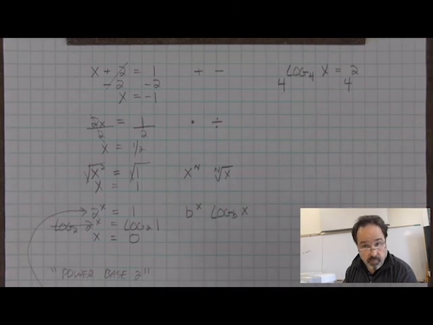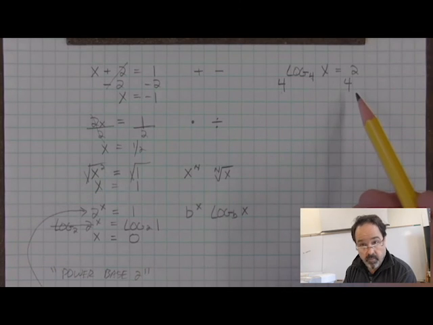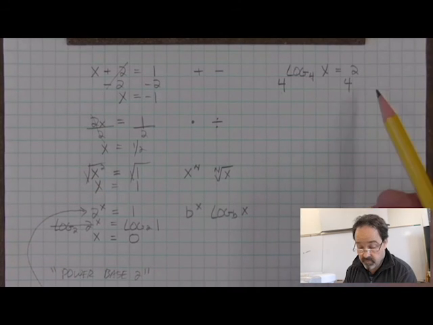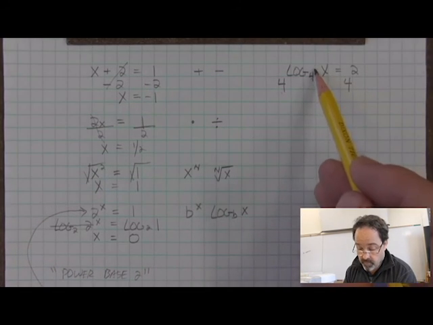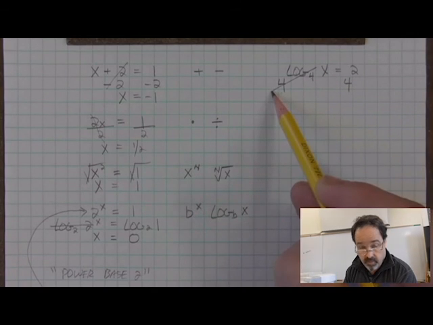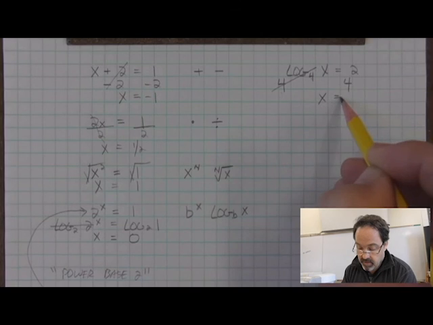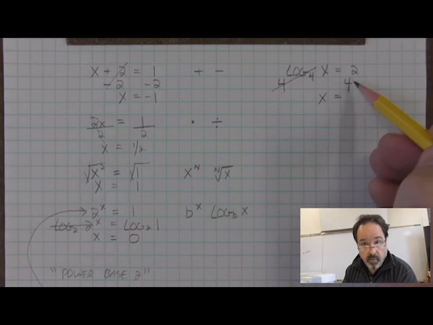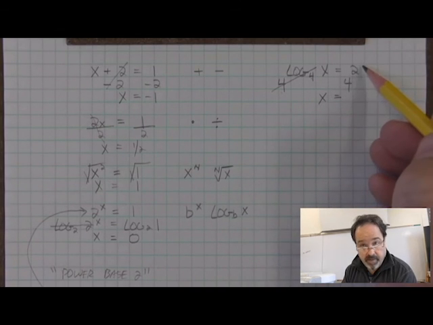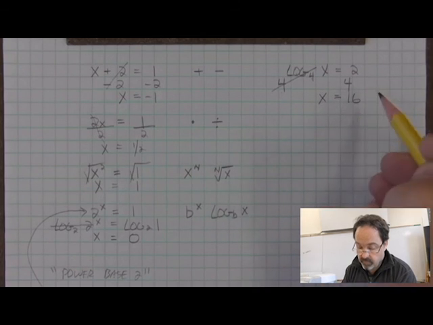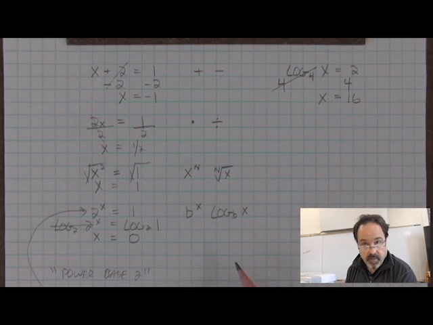It's a little unusual, but we can do that. We can power base 4 both sides. And when we do, the log base 4 and the power base 4 cancel out, leaving x. And on the other side, I have to evaluate what 4 to the second power is. That's not too difficult. It's 16.